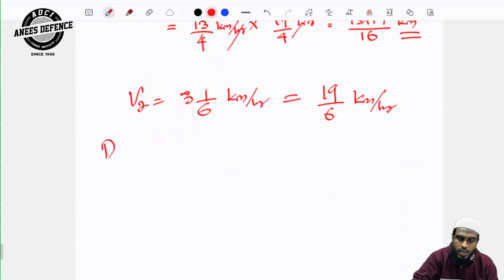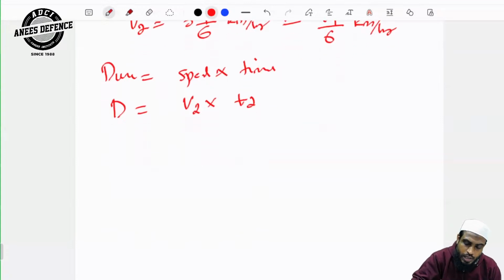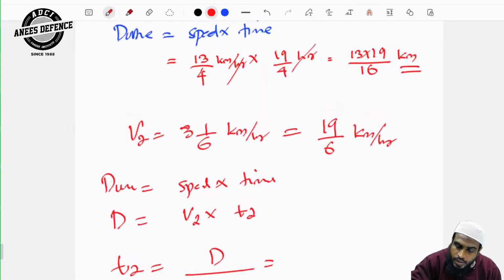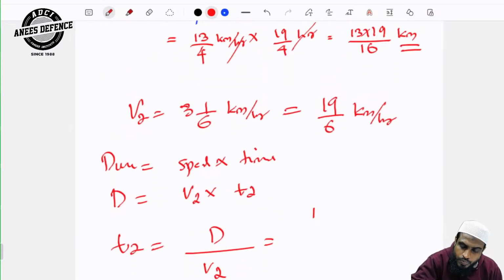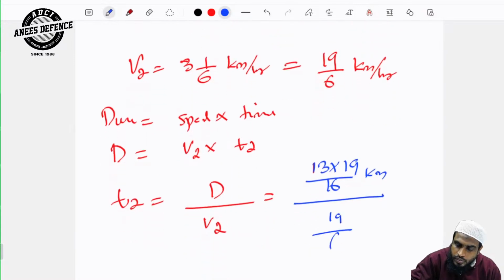Distance is equal to speed into time. Distance is the same, speed is V2, time is T2. So T2 can be written as D by V2. D is 13 into 19 by 16 kilometer. V2 is 19 by 6 kilometer per hour.